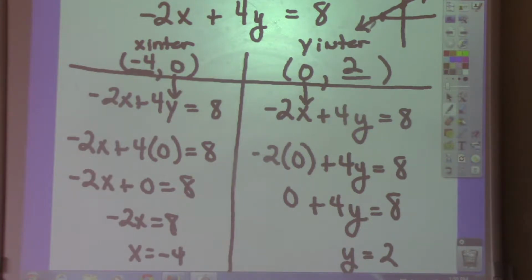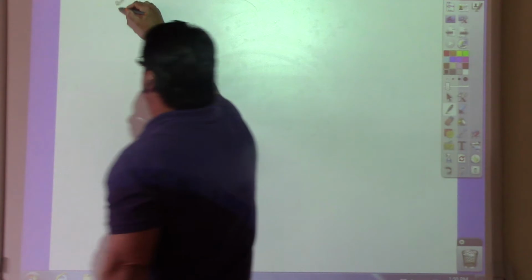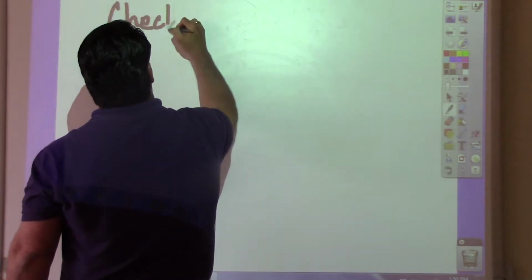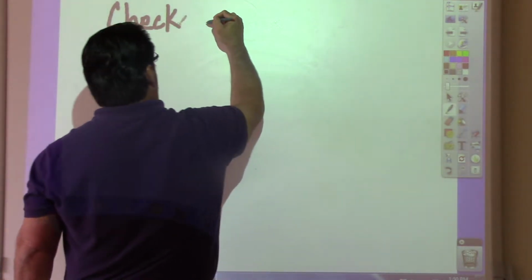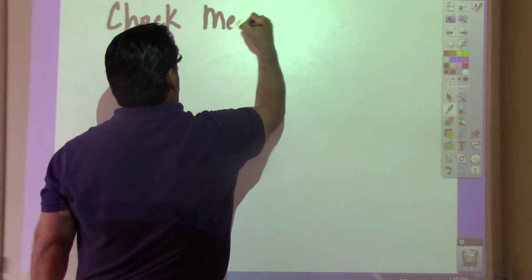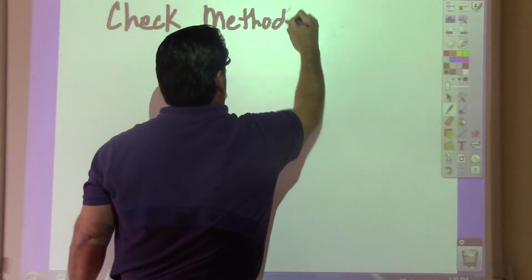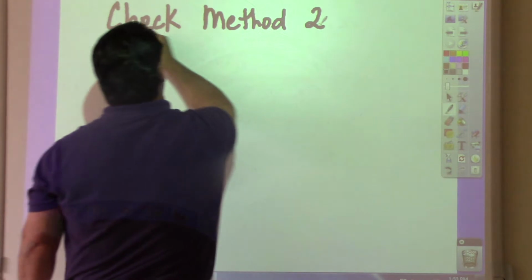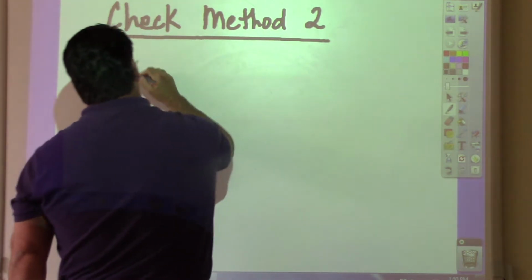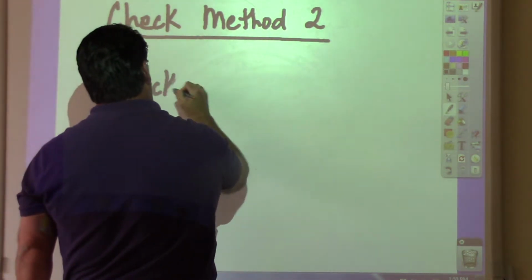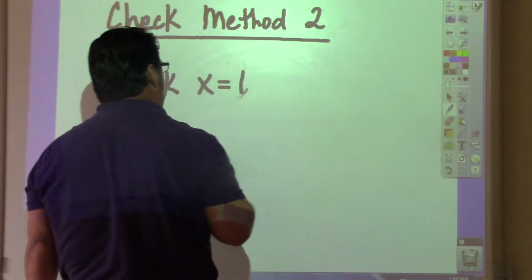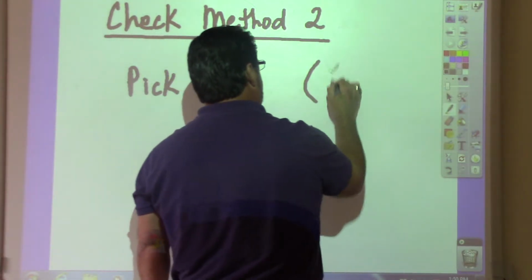Well, the best way to check it is to pick, and I'll show you. To check, and I don't know if I put this on y'all's sheet, to check method 2. Pick x is equal to 1. Why did I say pick x is equal to 1?